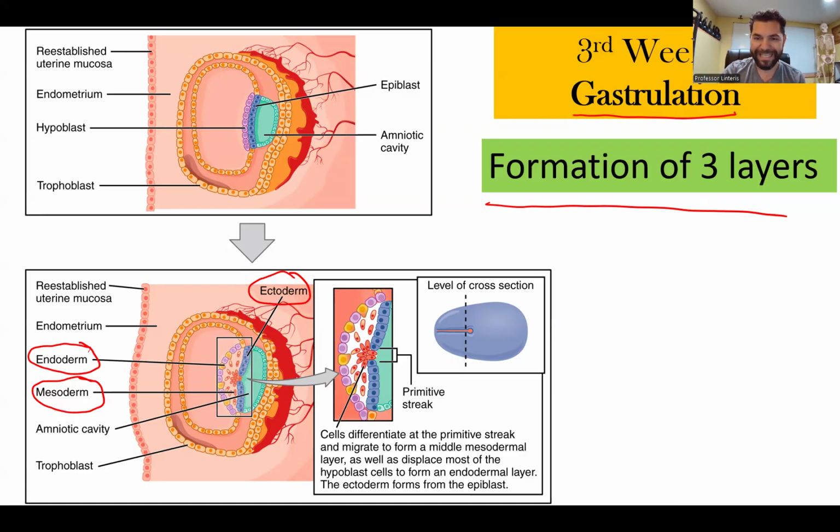This is referred to as gastrulation. And those 3 layers are specialized stem cells that will turn into all the stuff that we need, right? So not to be confused with endometrium and stuff like that. The dermal are your 3 layers, ectoderm, mesoderm, and endoderm. And we can see that these cells start specializing. And it says here they differentiate, right, off that primitive streak that we talked about.